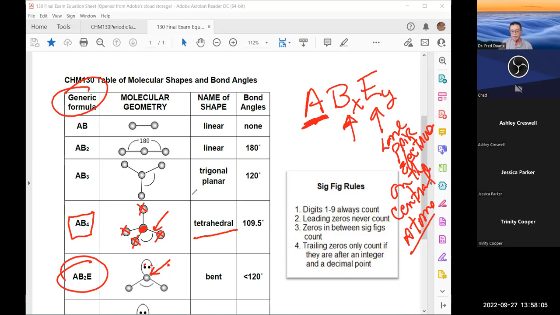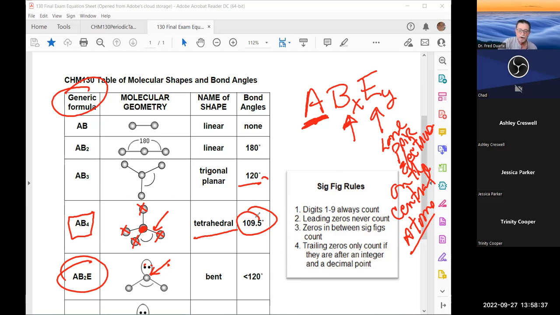If these were magnets that repelled each other, they would position themselves to be as far away from each other as possible, and they end up with that configuration. We call that tetrahedron. And then the angle between what is bonded to the central atom is what we call the bond angle. In this case, the most standard bond angle is 109.5 degrees. Okay. You can see some species have different bond angles depending on what they are.